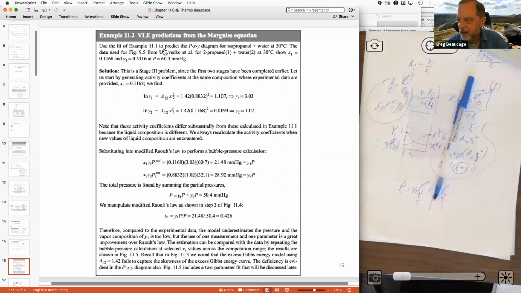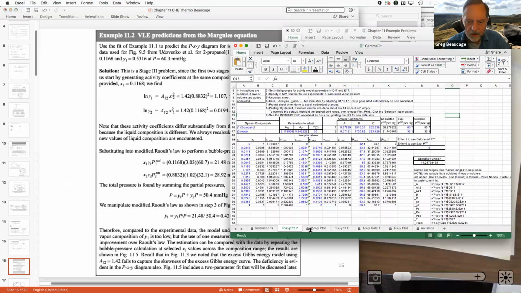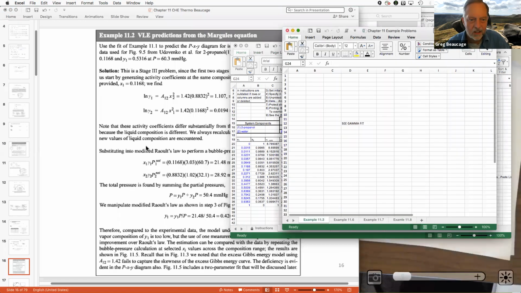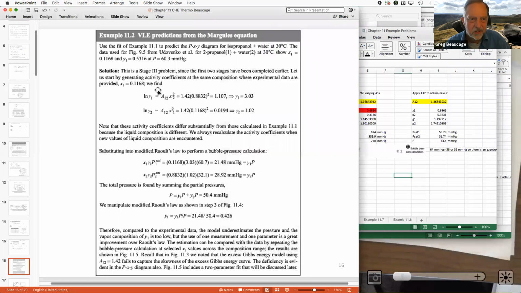Let's see, example 2, I don't think you need to iterate. Yeah, that's not the one I want. Example 3, you have to iterate. Example 2 is just a calculation.